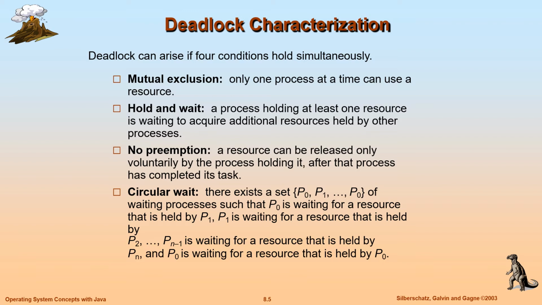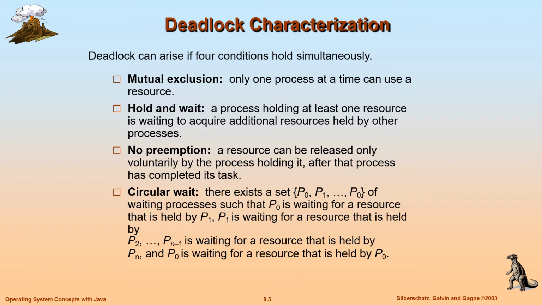Hold and wait: a process holding at least one resource is waiting to acquire additional resources held by other processes. As we saw with the two processes P0 and P1, each has one resource and still wants another, so it forms a circular ring.